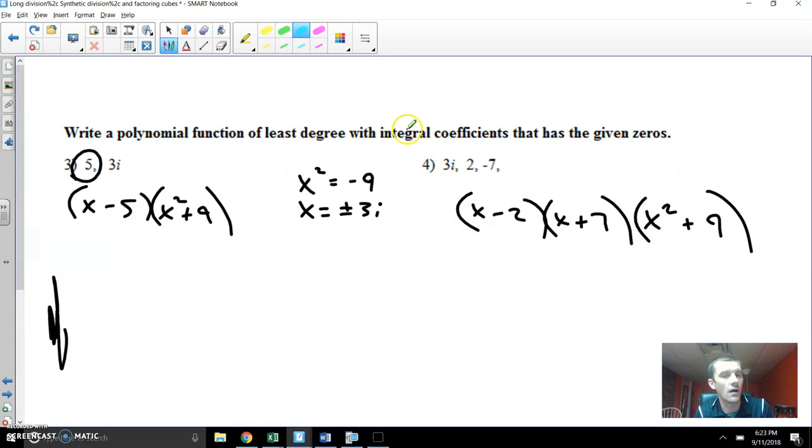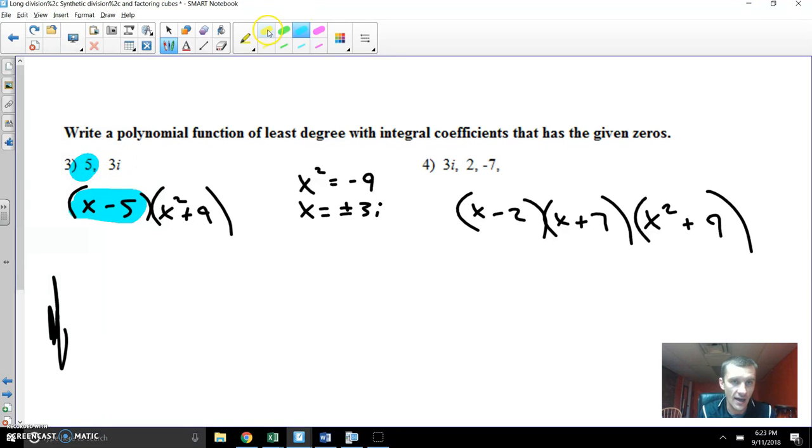This could be something that we find a little challenging, but hopefully you'll remember us doing this in class. It says write a polynomial function of least degree with integral coefficients that has the given zeros. So the idea is that if 5 was a 0, then that means one of the factors would have to be x minus 5.